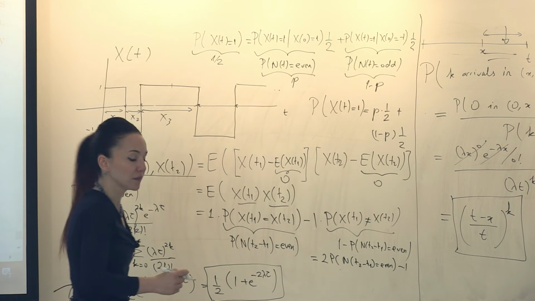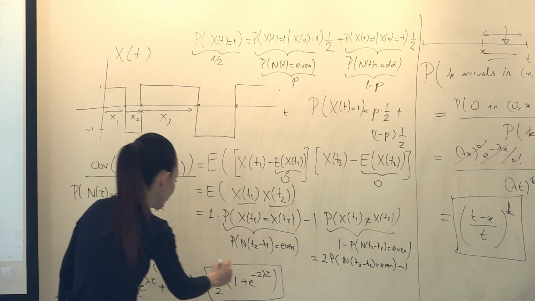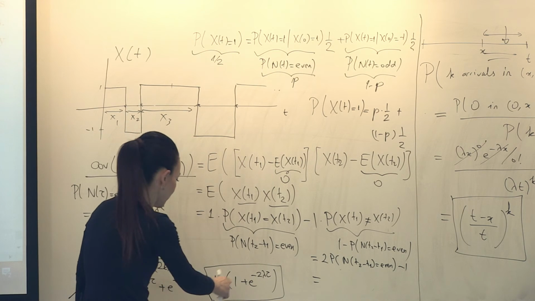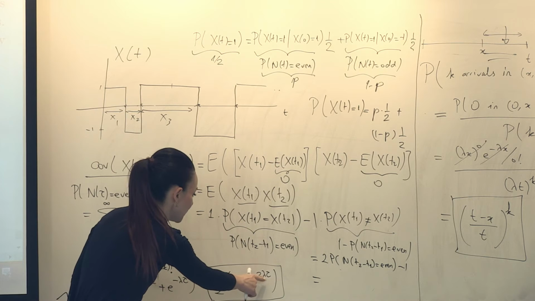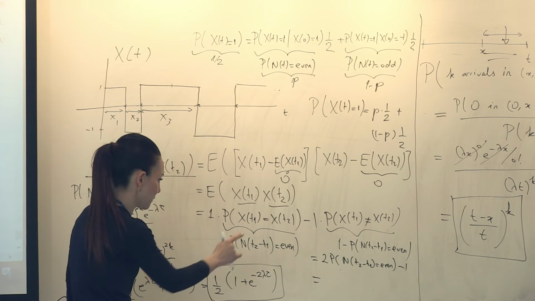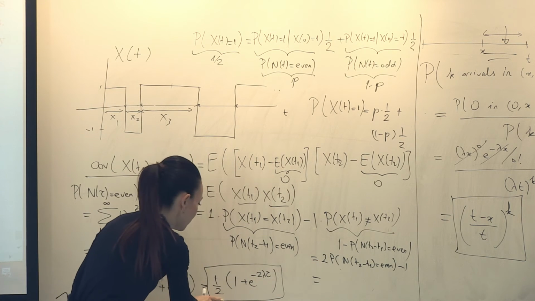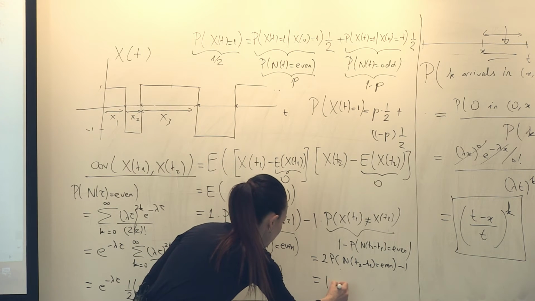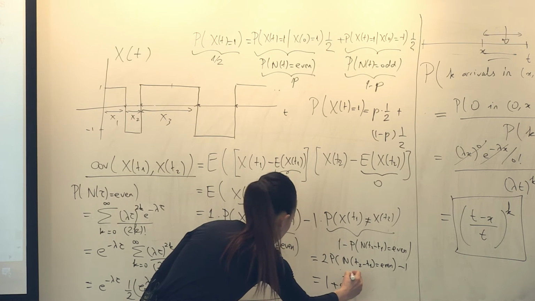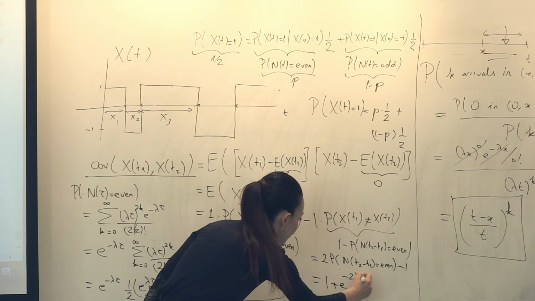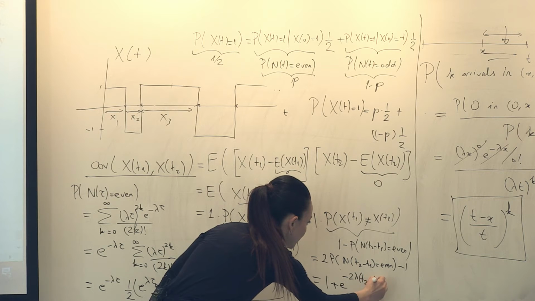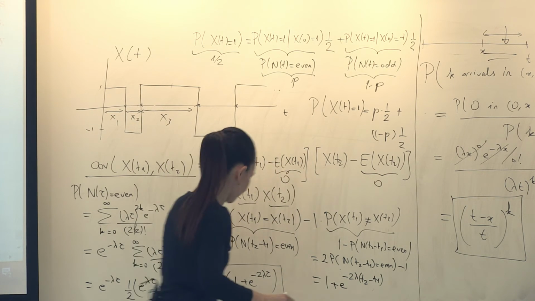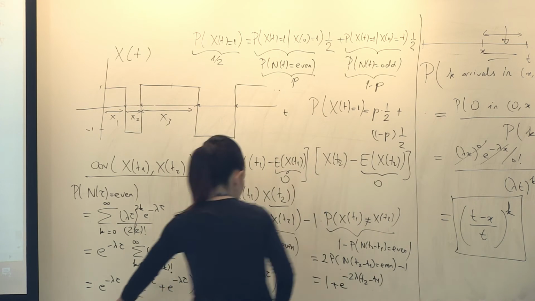Am I right? Okay. But I just computed the probability of being even: 1/2 times 1 plus e to the minus 2 lambda times the time difference. So multiply 2 with 1/2 and that's gone. So 1 plus e to the negative 2 lambda, the time difference, t2 minus t1, minus 1. Wow. So that's gone. That's pretty good. Pretty good.